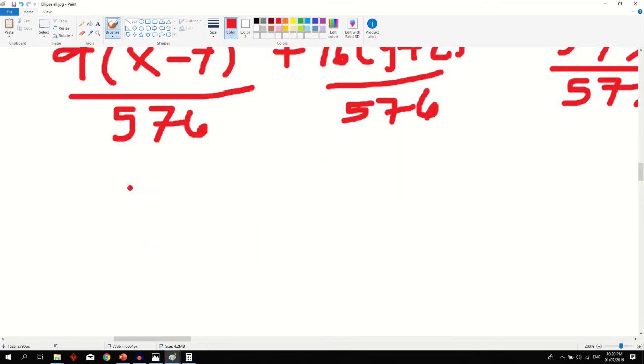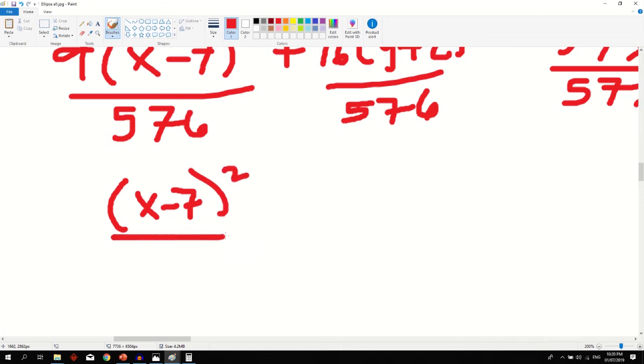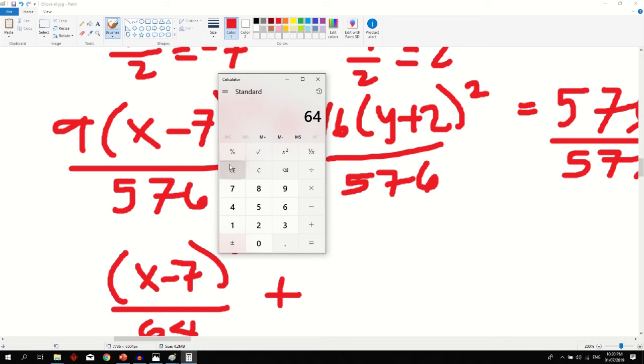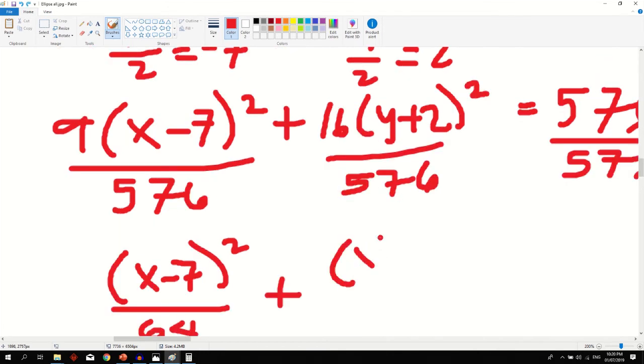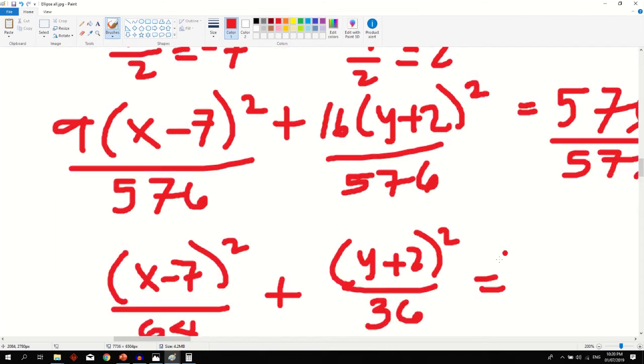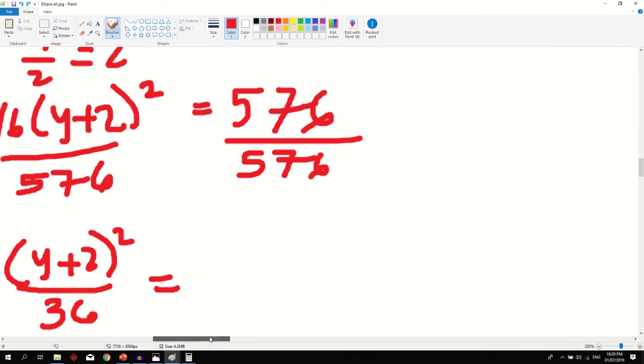So we have x minus 7 squared over 64 plus, now 576 divided by 16, 36. So we have y plus 2 squared over 36 equals to, supposedly it will be cancelled, so it will be 1.